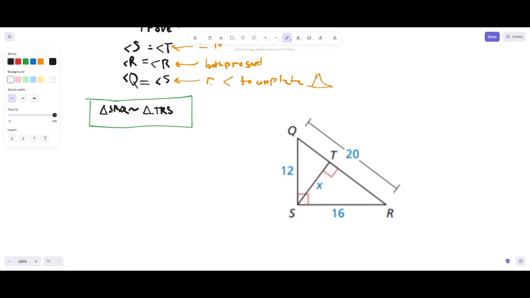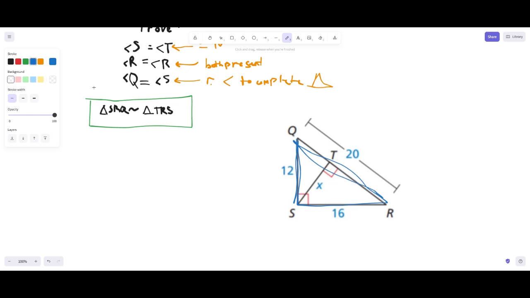So let's say in triangle SQR, let's target Q and S, right? Because we're looking at this particular triangle.